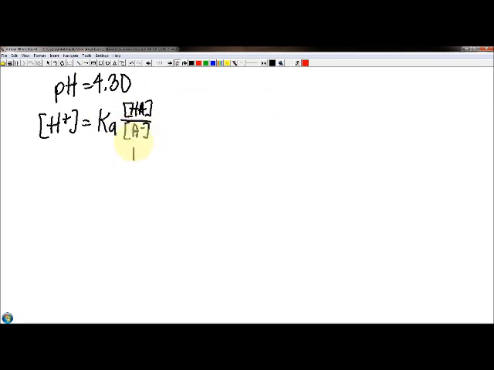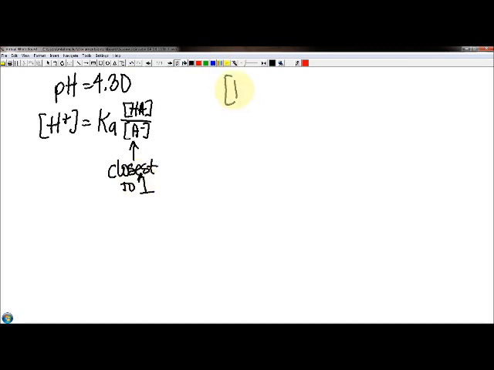So the closer to 1 this ratio is, then the better the buffer solution will be.